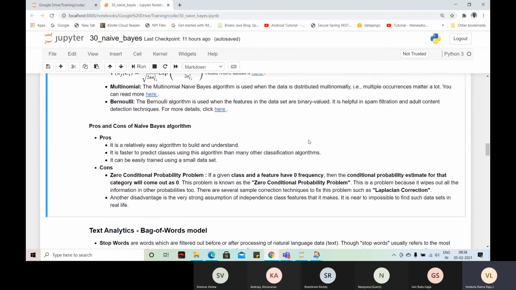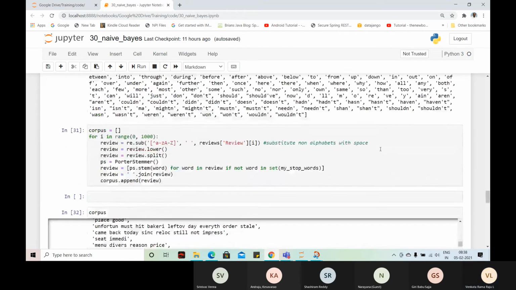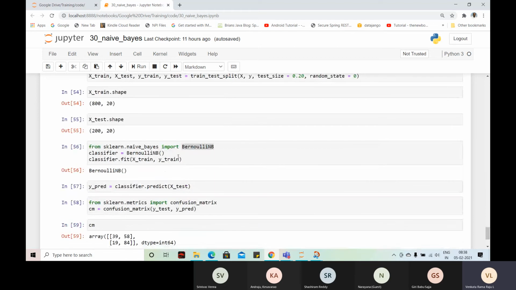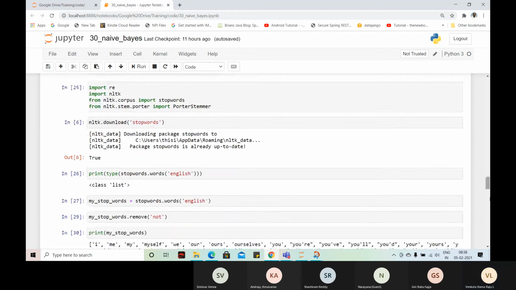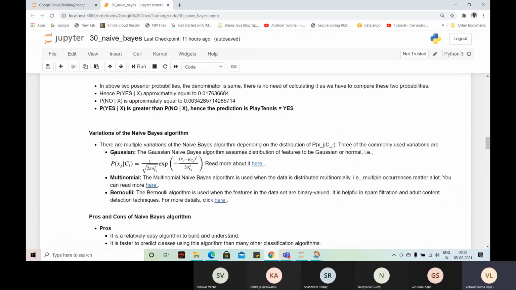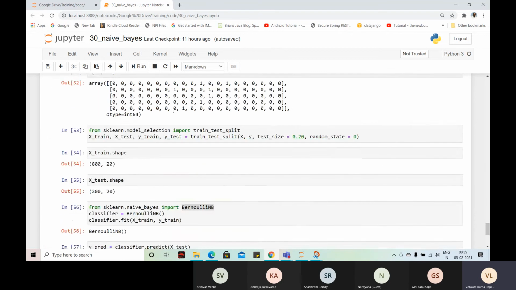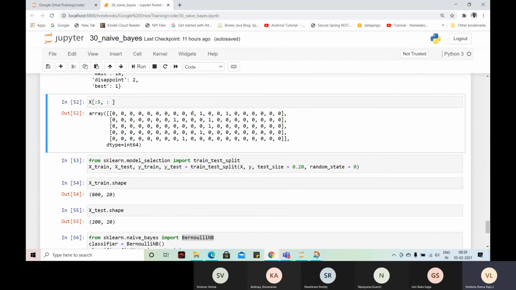Okay, and the next thing is there are 3 variants here. Here we used Bernoulli naive Bayes. In scikit-learn there are 3 implementations: Gaussian naive Bayes, multinomial naive Bayes, and Bernoulli naive Bayes. Here I used Bernoulli naive Bayes because the data mostly is zeros and ones.